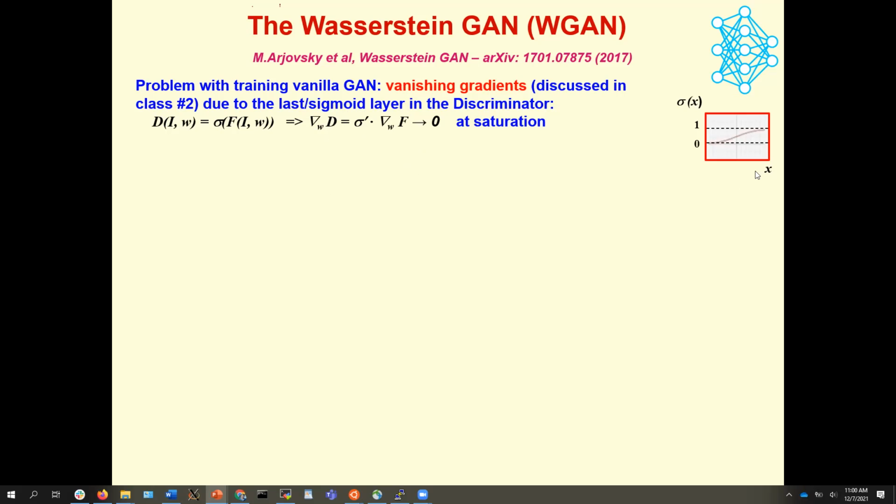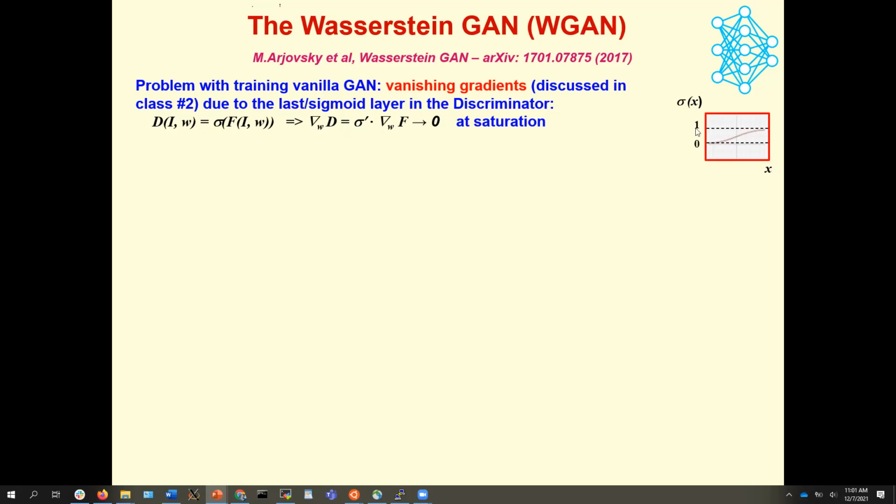The sigma layer is a sigmoid activation. At very large or very small values of its argument, it goes to saturation where the derivative is close to zero. When we do training, we compute the gradient of the discriminator network, and the gradient would be proportional to the derivative of the sigma function.